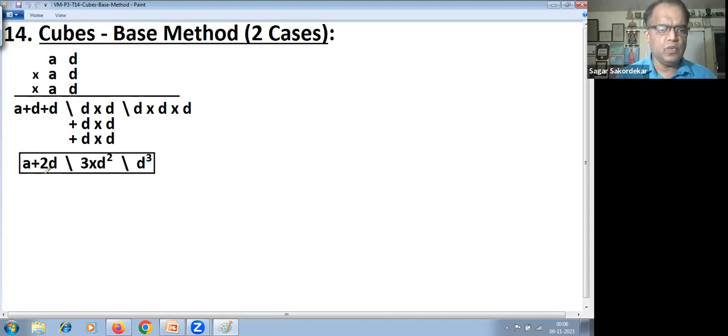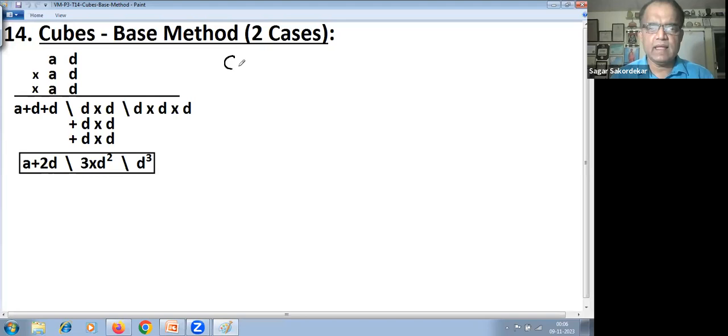So a plus 2d, just d plus d is 2d, and this is d into d is d square, and that is 3 times, so 3d square, and this is d cube. So the general formula with which you can find cubes of numbers near to the base. The only requirement here, number should be near to the base, then only this method will be effective.